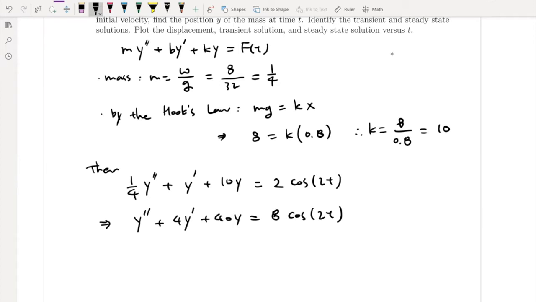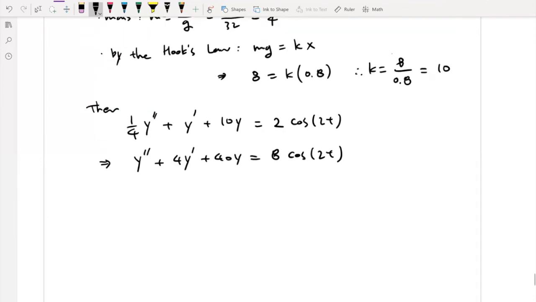Now we have to take care of this one. It is a second order linear differential equation, which is non-homogeneous, right? So we have to start from the characteristic equation for the corresponding homogeneous equation, okay? There we go. It is r squared plus 4r plus 40 equals 0. Then we should use the quadratic formula.